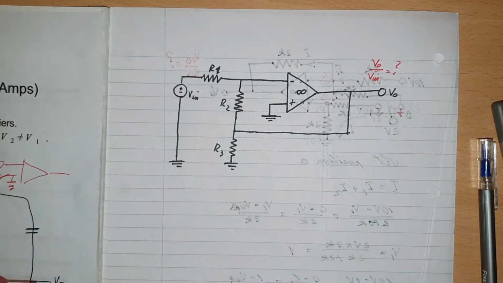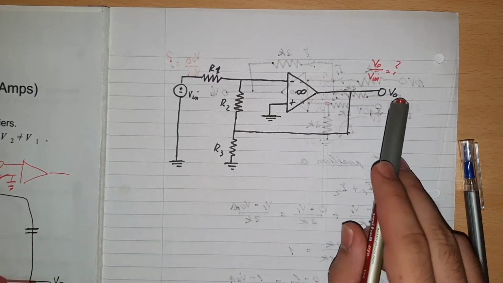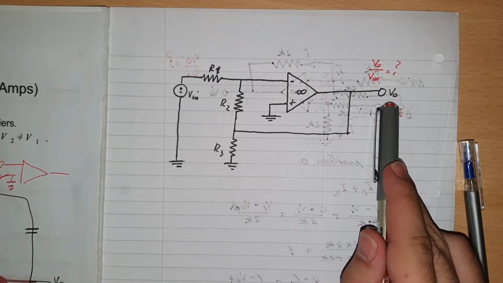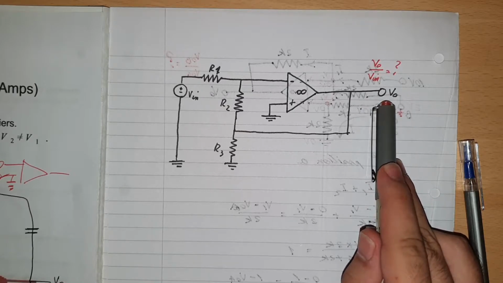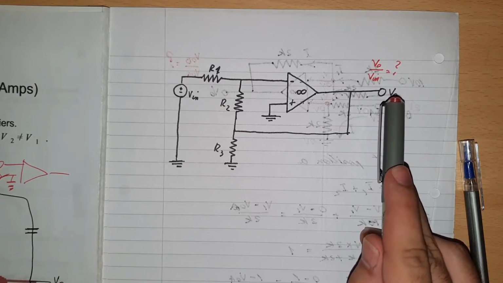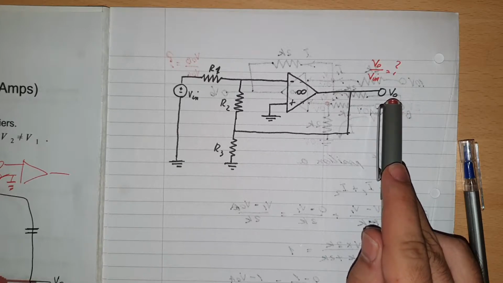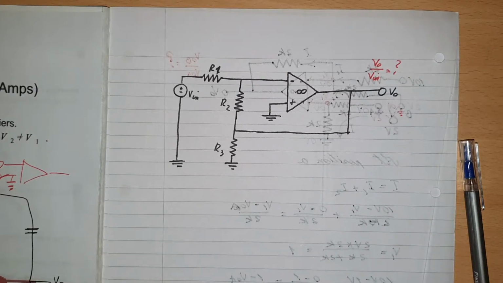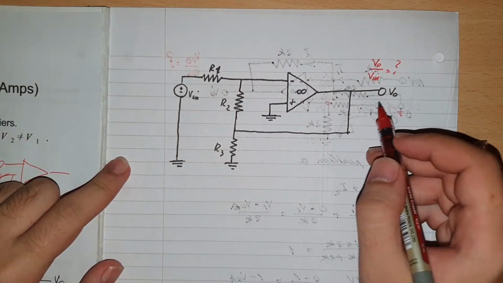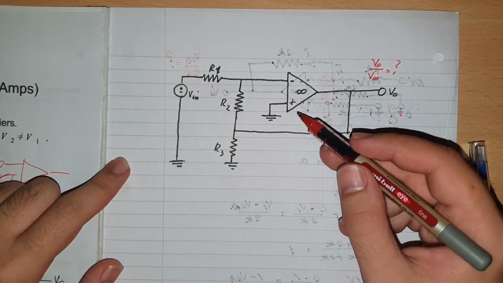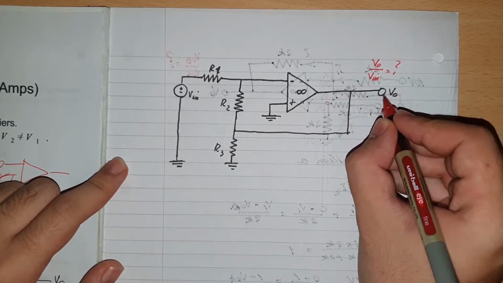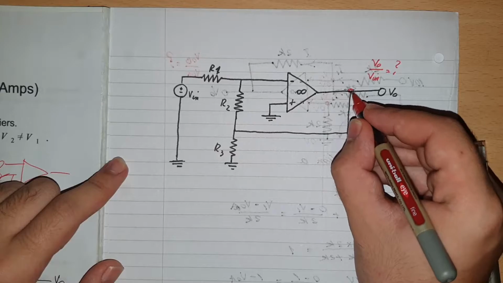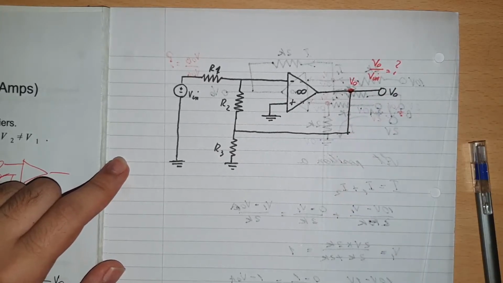Now the tricky thing that you need to learn, which is not really tricky but important, is that this V out output is just a wire, not really a component, which means it can be moved. For example, what's the difference between V out being at this point and V out being at this point here?